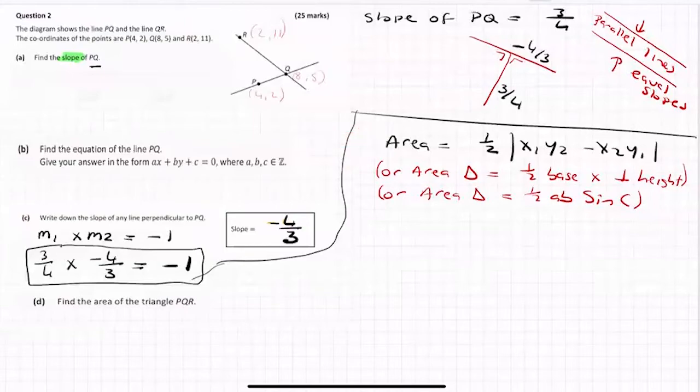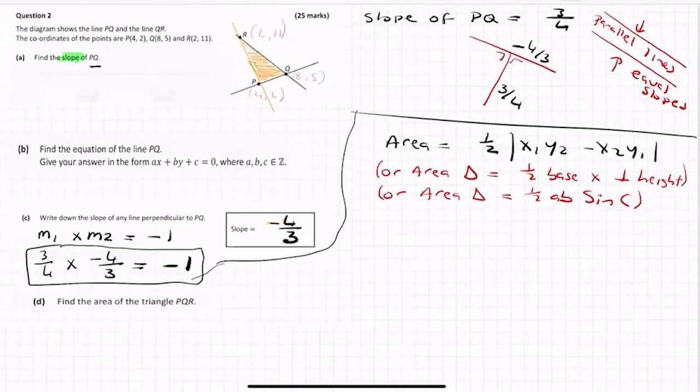Now, why can't I use half the base by the perpendicular height? Well, I'm going to use their triangle. So I'm going to put a line down there, and that's not even at the right angle. So we are told to find the area of this triangle here.